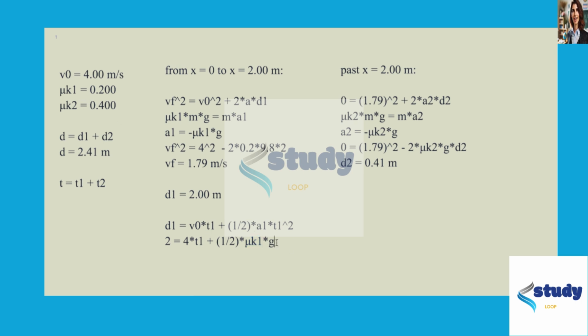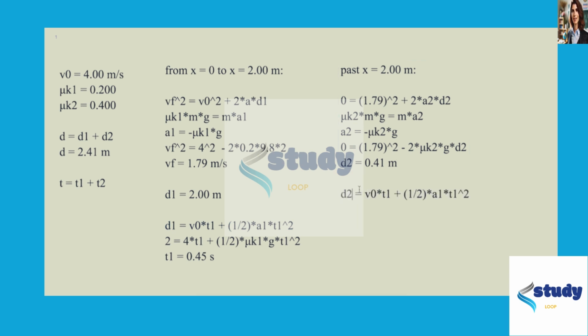So I'll just leave these as variables for now, but these are all numbers that we know. And then we have T1 squared. So this is now a quadratic equation. You can solve this however you prefer. We could use the quadratic formula. When we solve this, I'm not going to do out the algebra, but we should get that T1 here is equal to 0.45 seconds.